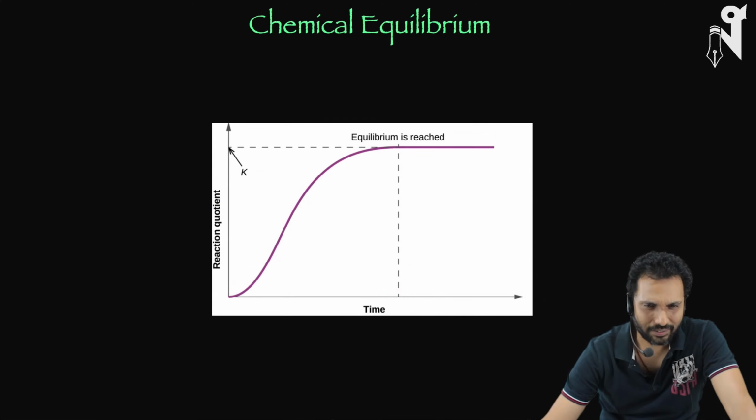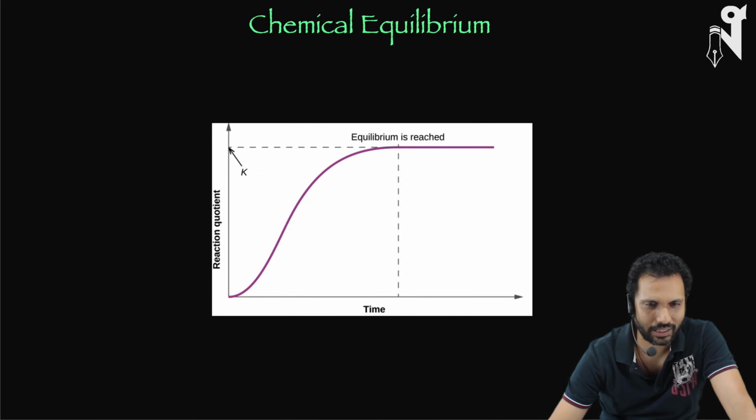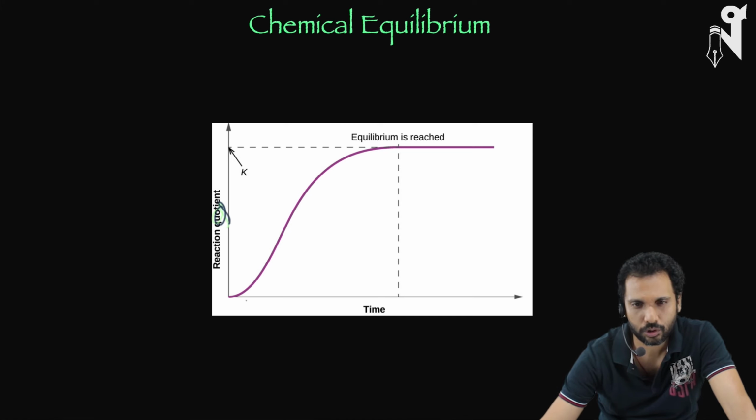So there's a graph of the reaction quotient Q over here. Now you can see, if the graph has been drawn, there were only the reactants initially and nothing over here, no products.